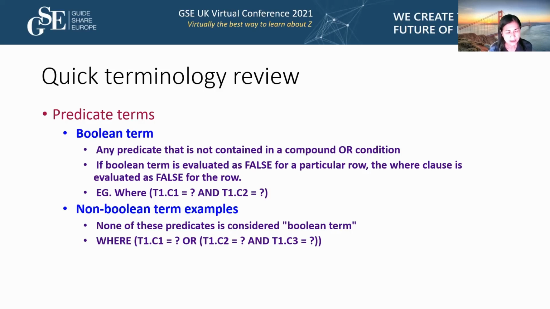For example, in this compound predicate, they are joined together by an AND condition. If one of the simple predicates evaluates to false, the whole predicate will evaluate to false. Non-Boolean term predicates are predicates joined together by an OR condition.